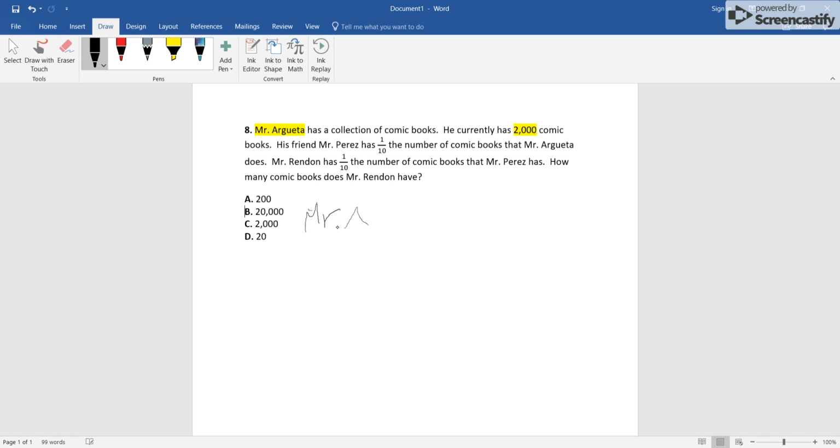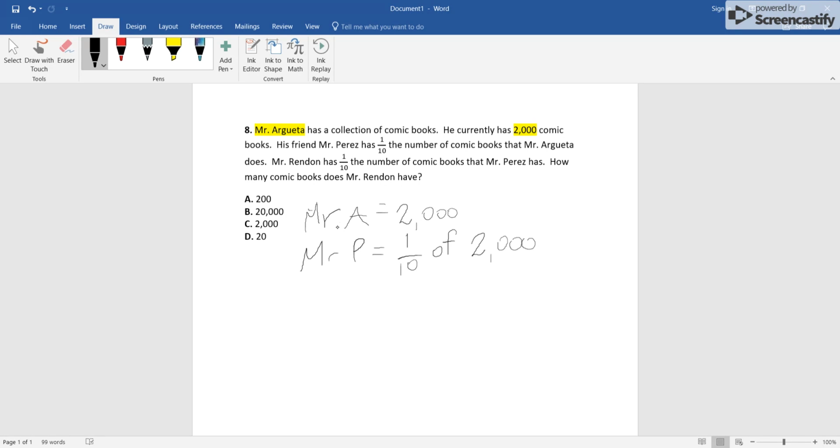Mr. A. He has 2,000. And then his friend, Mr. Perez, so another character, Mr. P, our second character, he has one-tenth the number, so one-tenth of the number of comics Mr. Argueta has. And Mr. Argueta has 2,000 comic books.